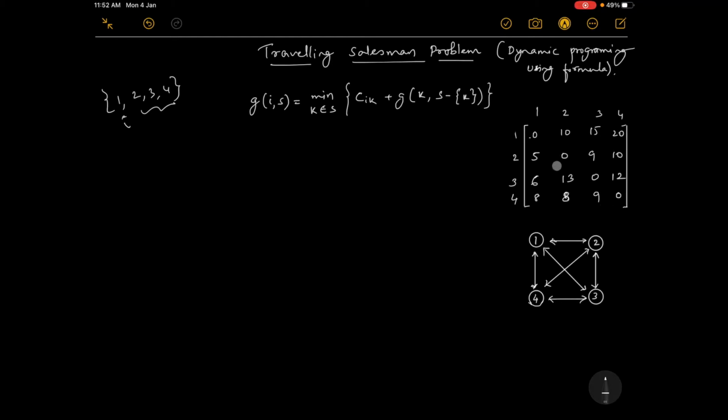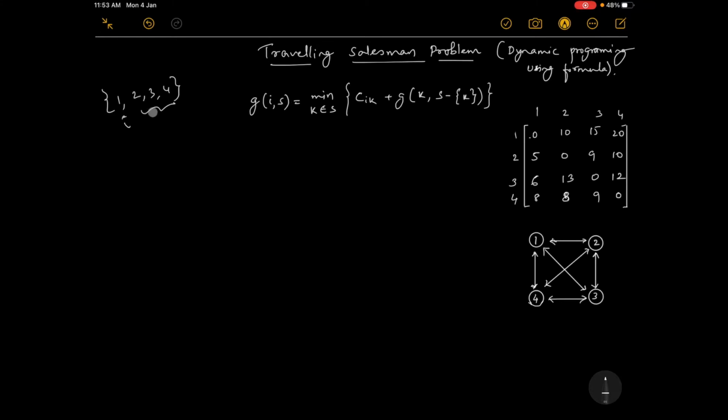Okay, now we are going to use this formula to solve this problem. I is the location which you are choosing, the first initial location. So I is the initial location, and here we are choosing 1 as the initial location. You can choose any positions or locations, and S is a set of locations, so this is the complete set.